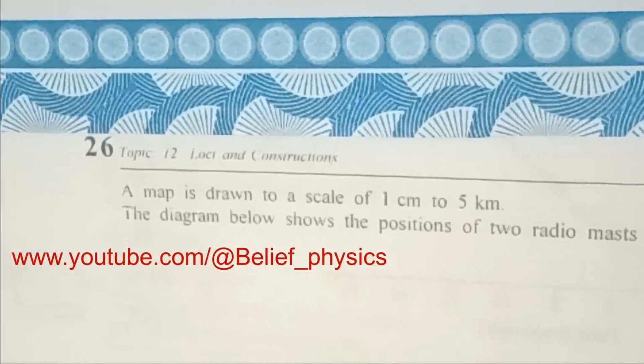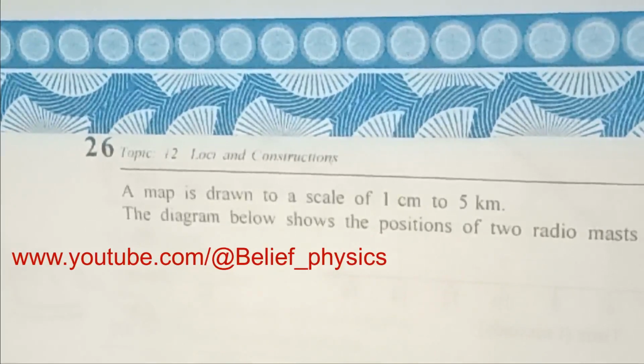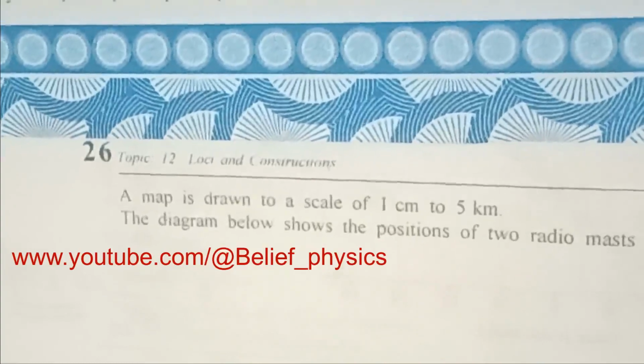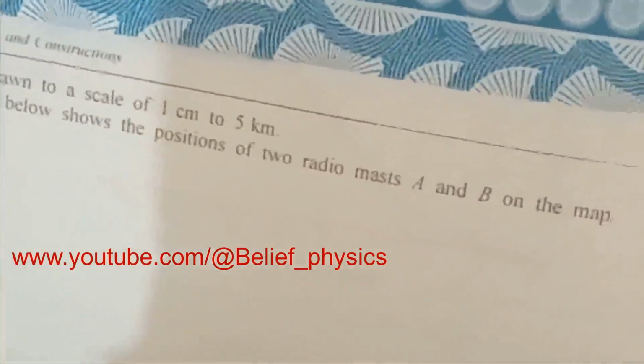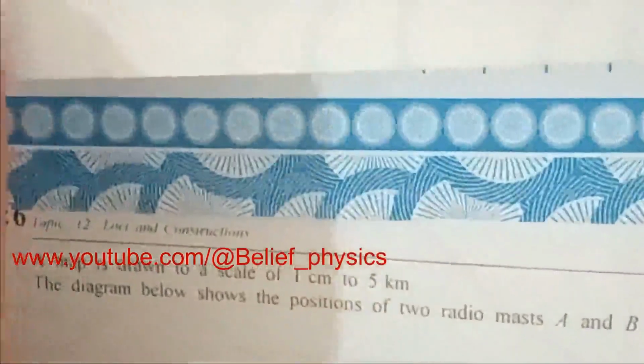The diagram below shows the position of two radio masts A and B on the map.